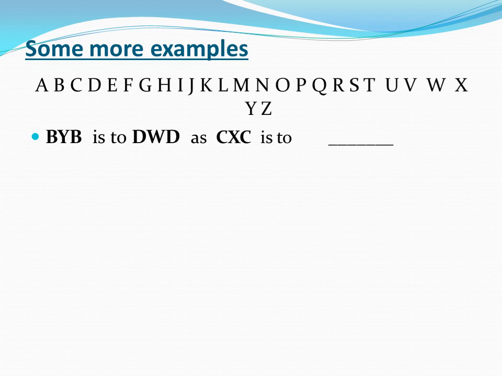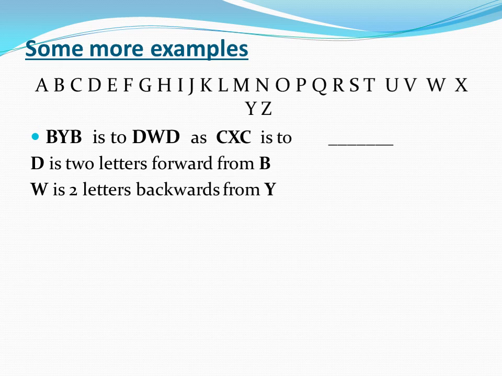In this case, if you look, D is 2 letters forward from B, whereas W is 2 letters backwards from Y. So when we are looking to solve CXC, for C we are looking at a letter which is 2 letters forward from C. However, for X, it should be 2 letters backwards from X. So using this method, 2 letters forward from C is E and 2 letters backward from X is V. So we get the answer BYB is to DWD as CXC is to EVE.